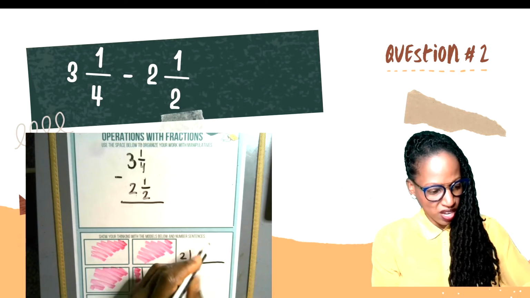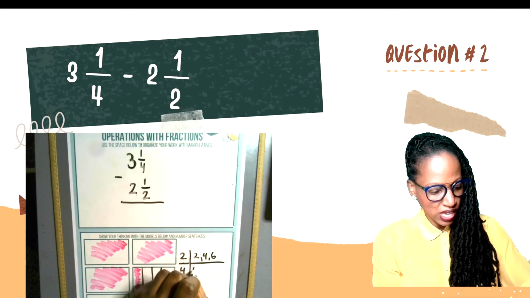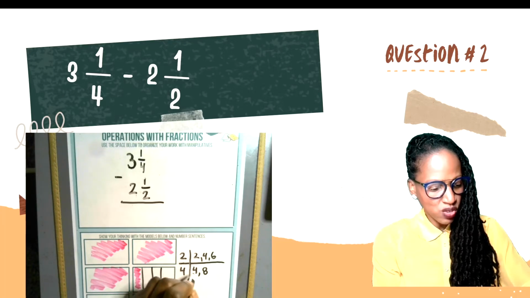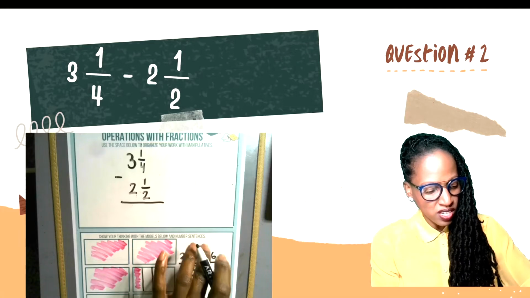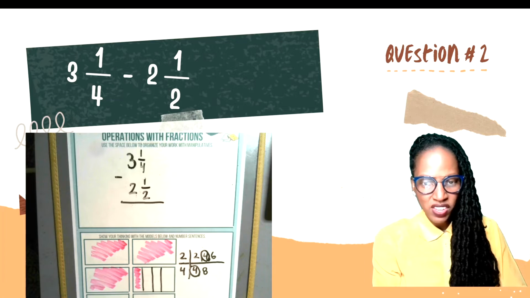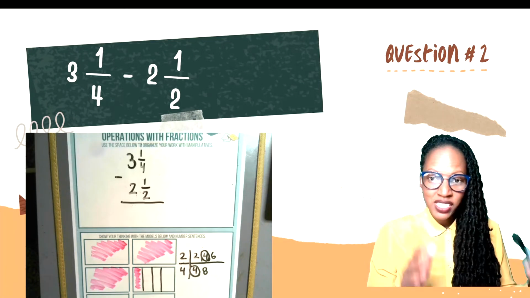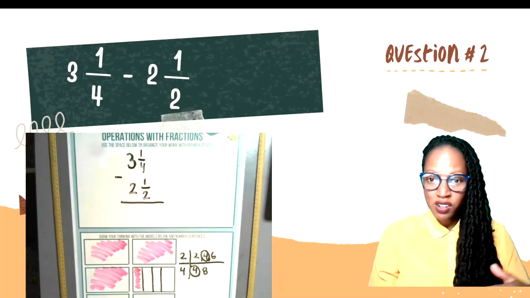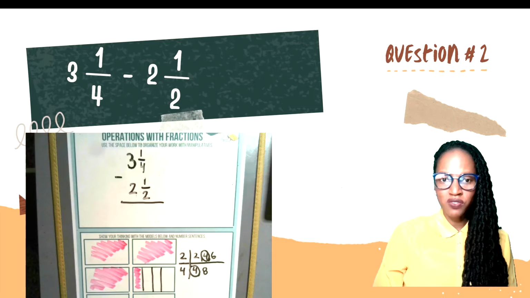So I'm going to skip count 2, 4, 6, 8. The reason I'm stopping so early is because I can already see that 4 is the smallest, the least common multiple they have in common. And because they share 4 in common, then it tells me that I need my denominators to be in fourths, okay? That I could have an equivalent unit of fourths.